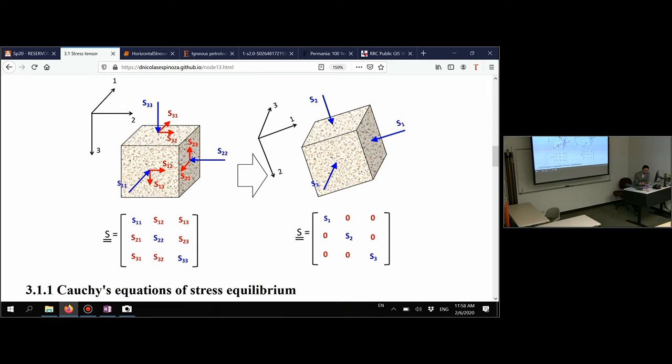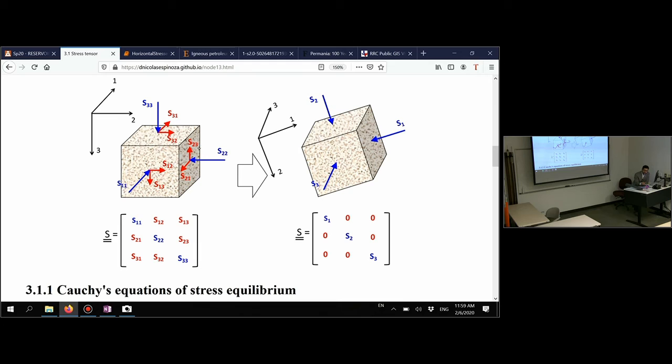Why? Because there is another torque given by S32, which is equal in magnitude, but makes the cube try to rotate in the clockwise direction. Actually S32 over here, and the other one that you can see going to the left.